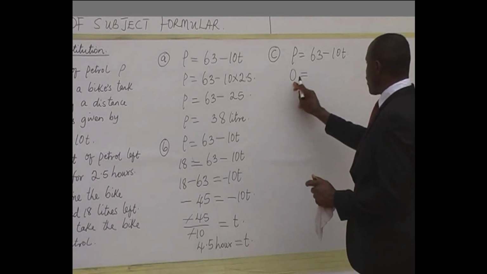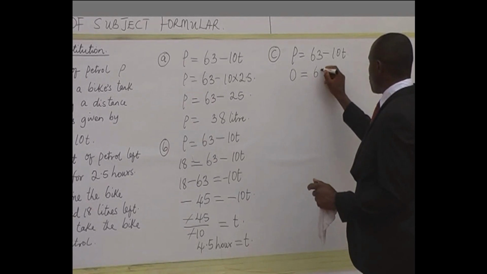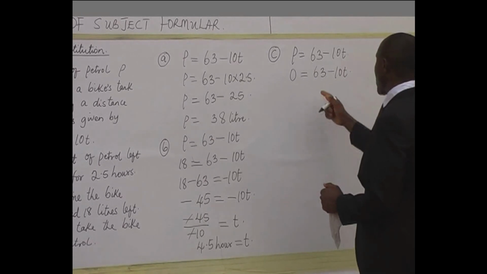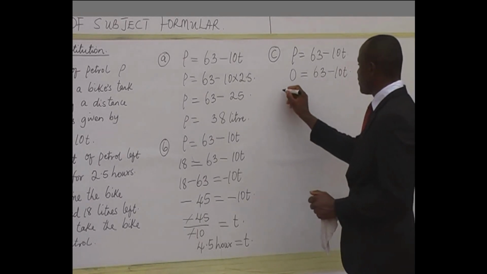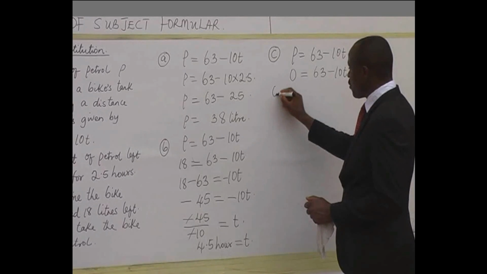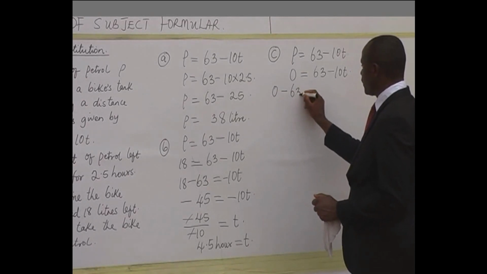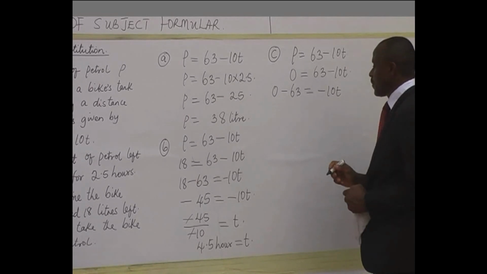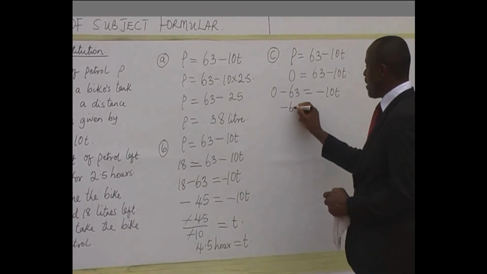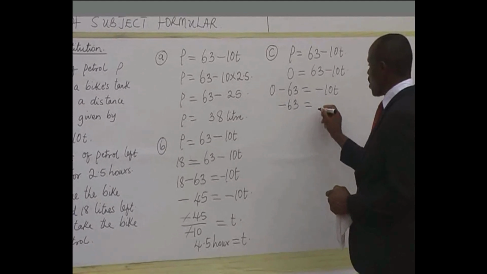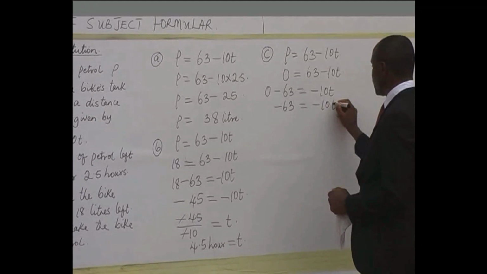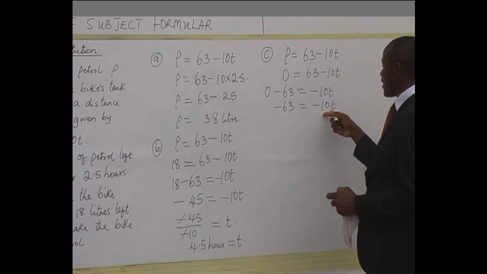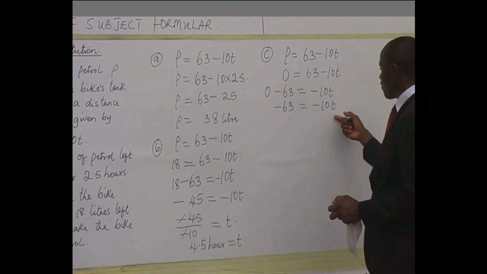That means P is now 0. So 0 is equal to 63 minus 10T. Subtract 63 from both sides. You're going to have 0 minus 63 equal to minus 10T. On the left-hand side, you have minus 63 is equal to minus 10T. Divide both sides by minus 10 so as to eliminate minus 10 from the right-hand side of the equation.